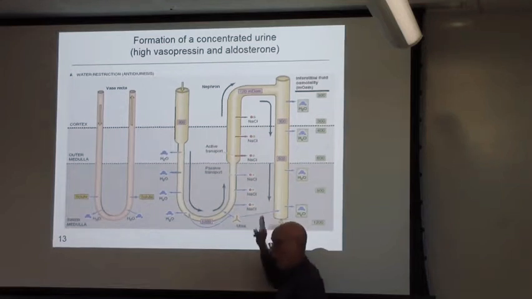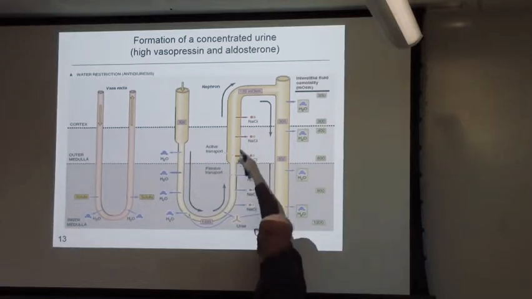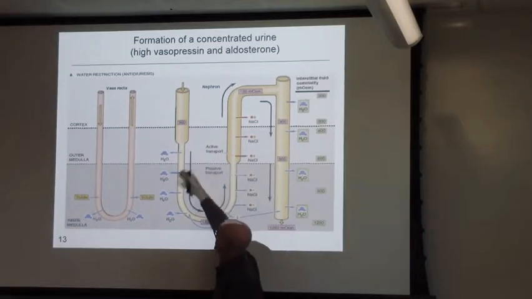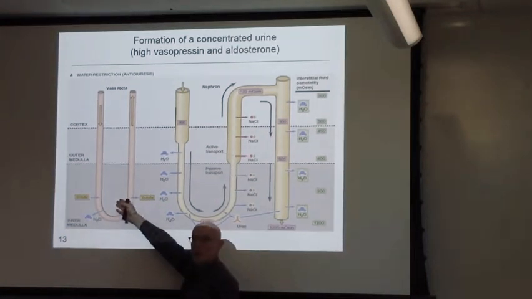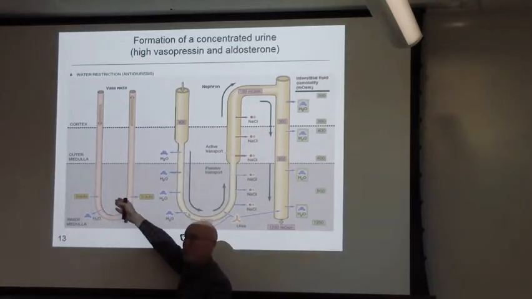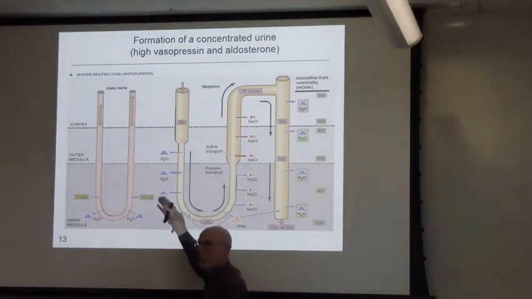So a hormone, which I'll get to, even though this isn't endocrinology, I'll talk about the hormone. More solute pumping, and the vasa recta preserves the gradient that the loop of Henle built.